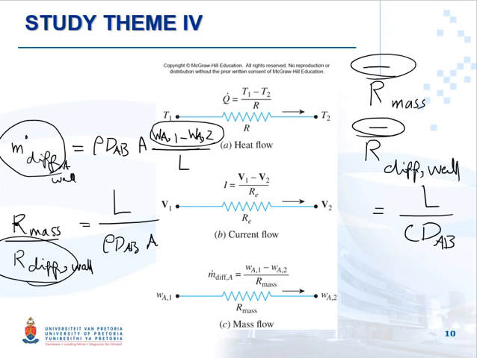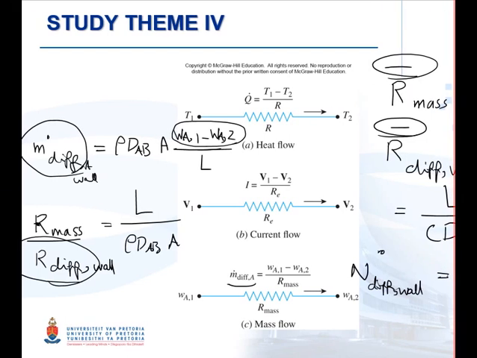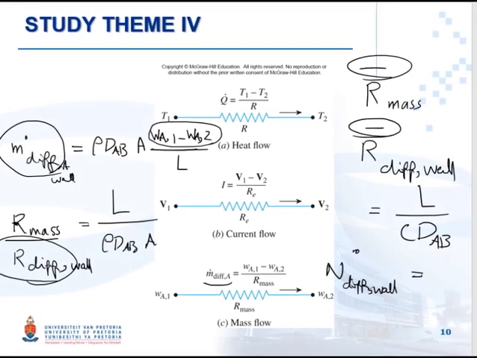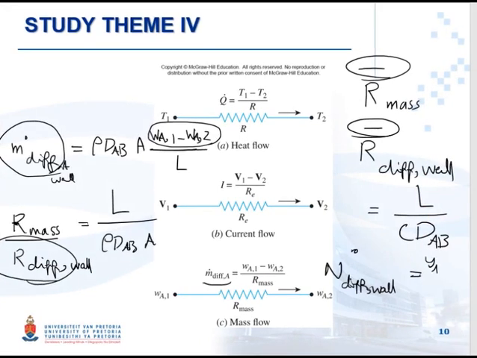But when we do the molar base, we are not talking about mass anymore. What we are talking about is N. So basically N will be equal to YA1 minus YA2 divided by R mass.